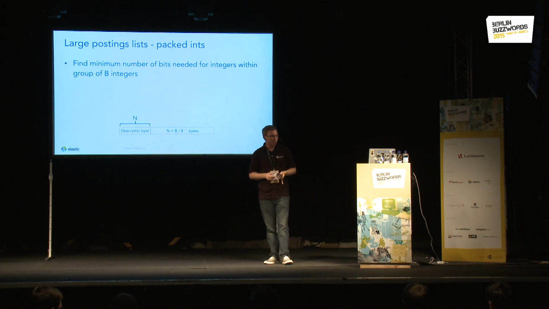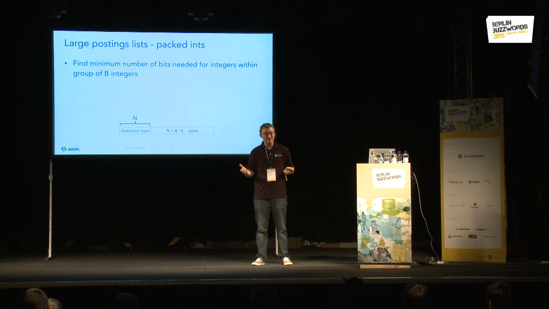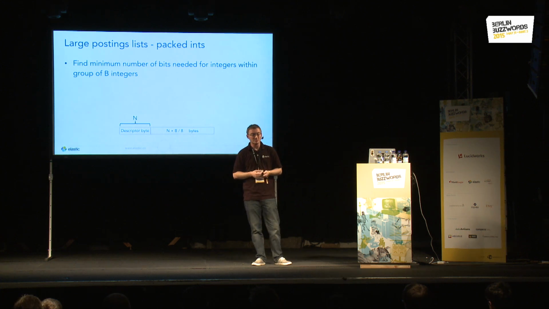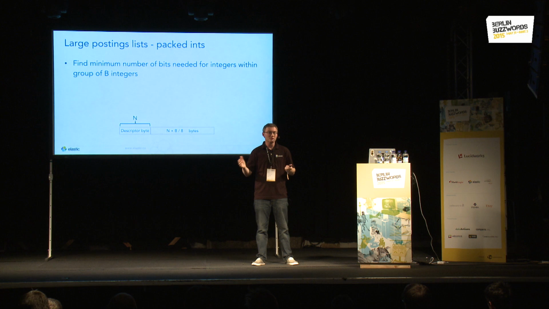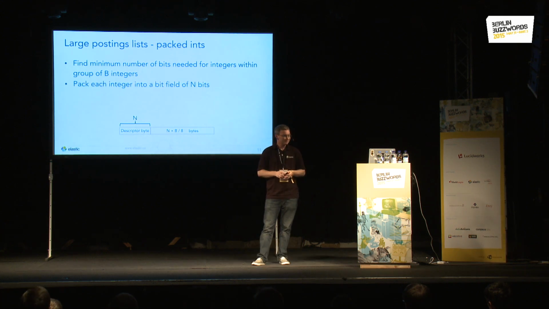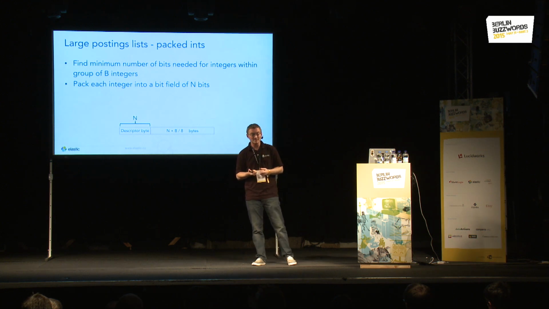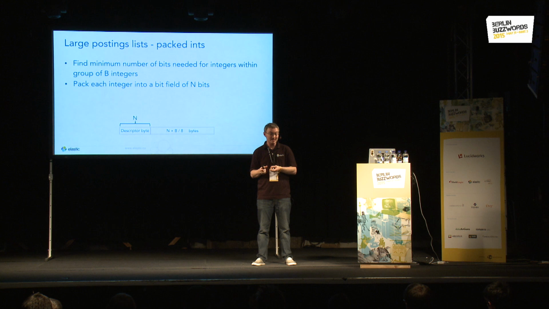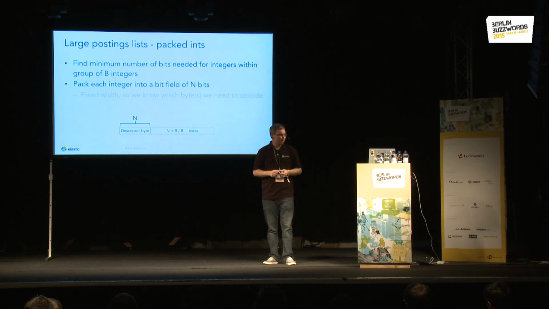So in order to do this packed ints, we're going to go through all the values within a block that we want to encode, and we're going to find what's the minimum number of bits that is required to encode all of the values that we saw in this block. Once we do that, then we can put each of the integers into a bit field, and we know that it'll fit inside those bits, so we aren't going to have any leftover bits that don't fit.